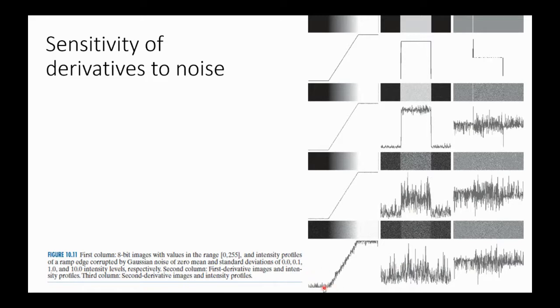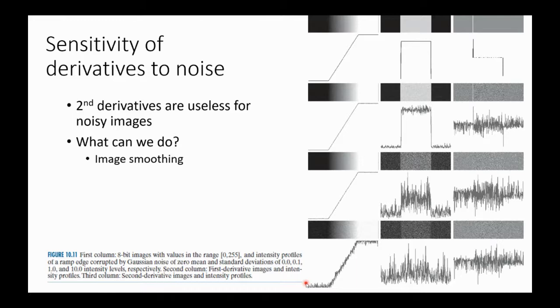I can still see the shape and that there is a step here, but I can't use the derivatives in this case. So what shall we do to solve this problem with the knowledge that you had so far? There's an easy fix. But just to summarize, the second derivatives are useless for noisy images. So what can we do?